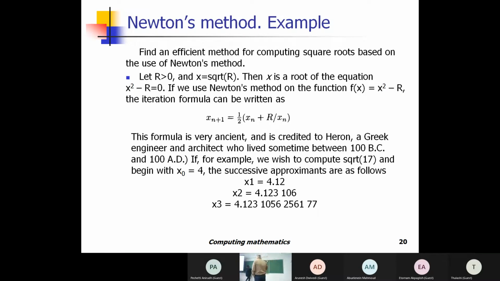Do you understand? x n minus what? x squared minus R. Do you understand this notation? What is the meaning of f of x n? f of x is x squared minus R, but it is x n, x number n, not an arbitrary x. So x n squared minus R, right?